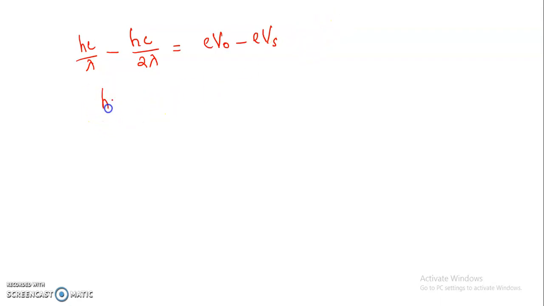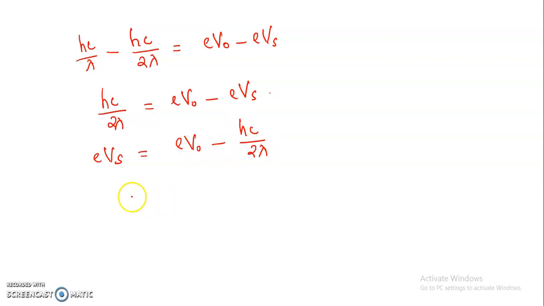So hc by 2 lambda equals E V0 minus E Vs. Rearranging this equation, we obtain E Vs equal to E V0 minus hc by 2 lambda, or Vs equal to V0 minus hc by 2 E lambda.